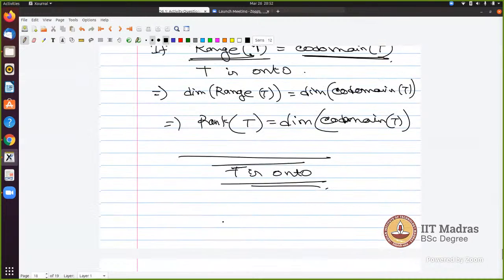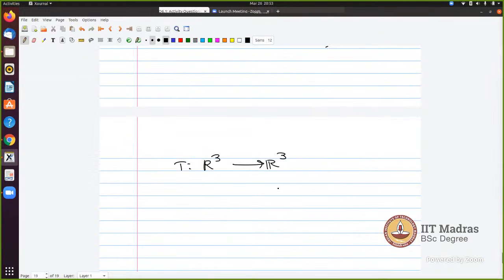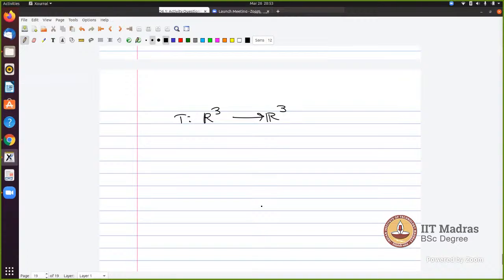Sir, when it is from R3 to R3, like we discussed about R4 to R3 or R3 to R4, how to check for 1 to 1 and onto? Again, the same thing.